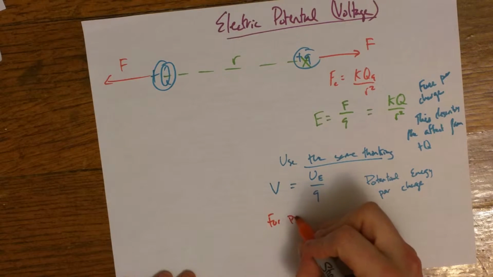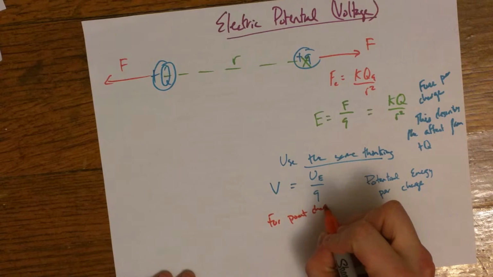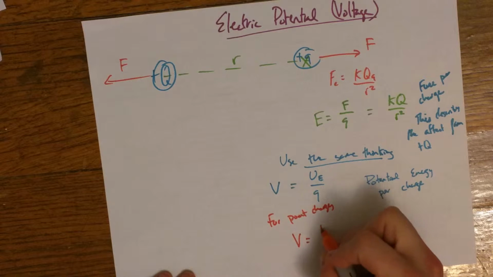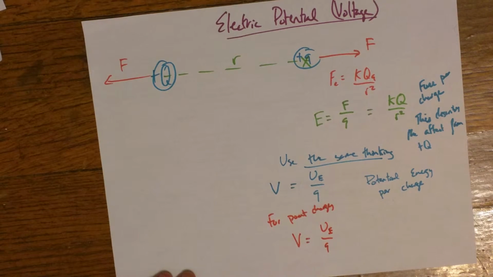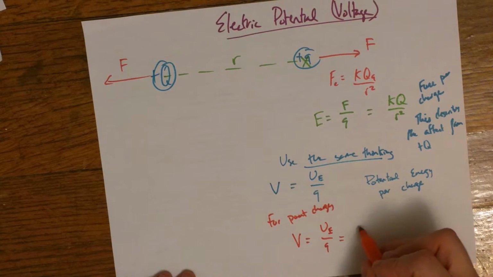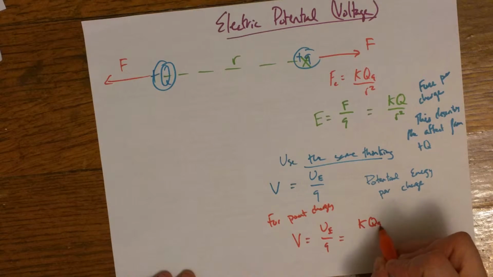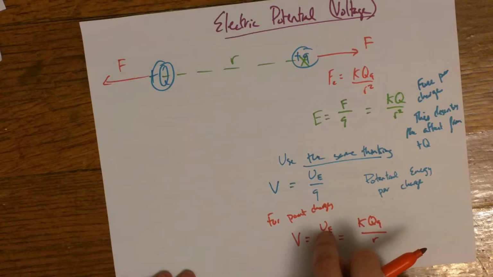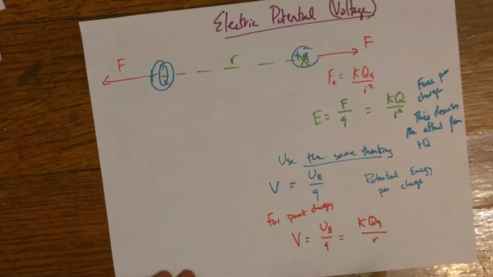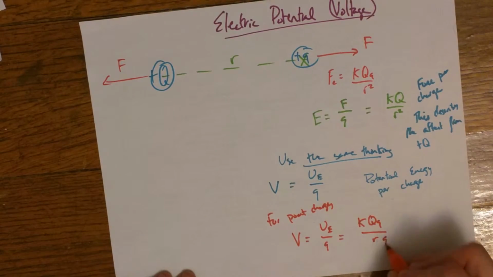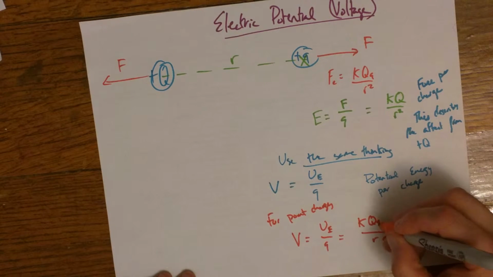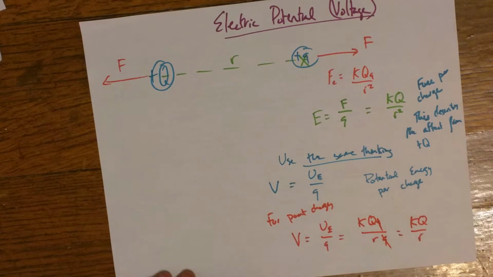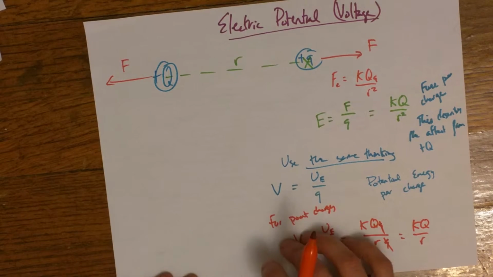For point charges, we have the voltage as U_E over test charge, and this would be kQq over r. That's my potential energy due to two charges, but all of that is over the little q test charge. And these two cancel out, and I'm left with kQ over r. And that is my voltage.